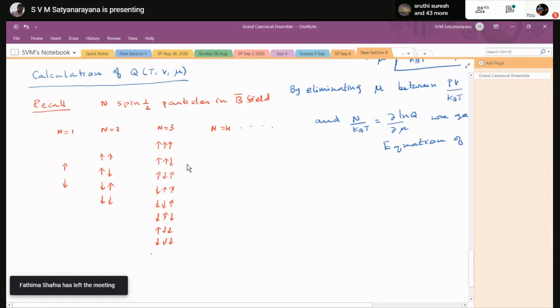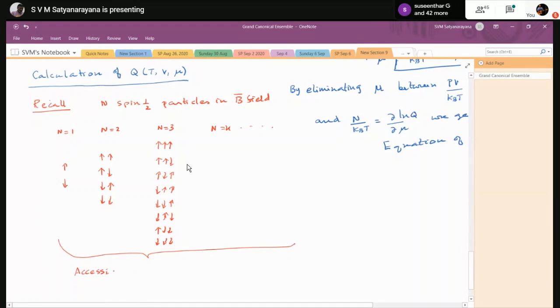All these microstates are accessible in the grand canonical ensemble. These are accessible microstates for an open system, where the number can change.